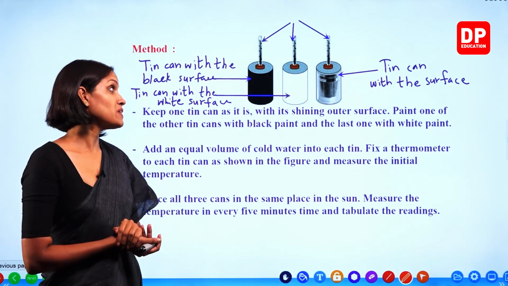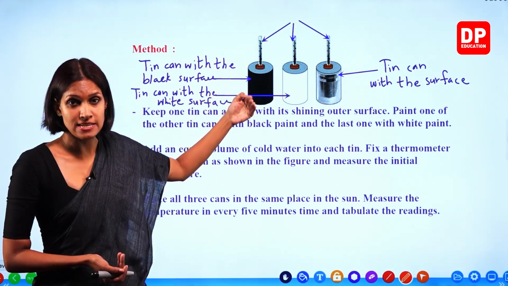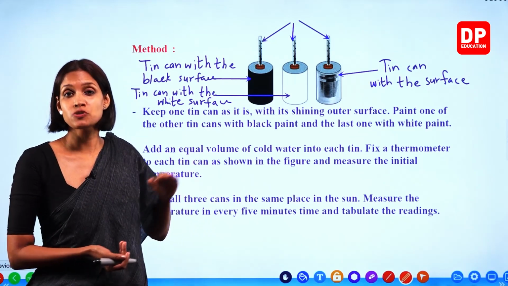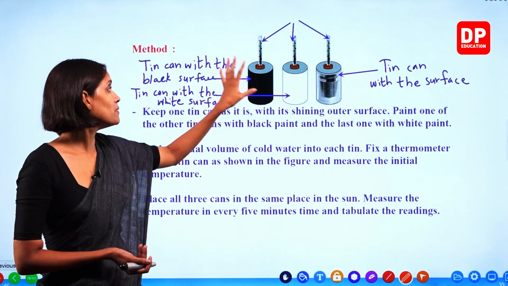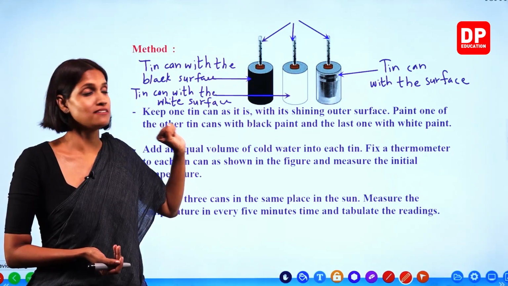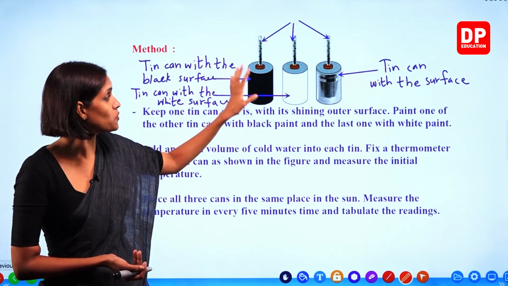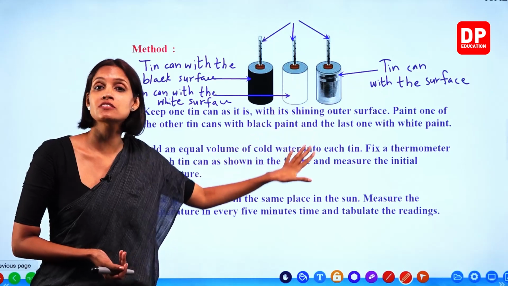So it was very clear. After 5 minutes and 10 minutes both, the water in the black color tin had the highest temperature. The temperature of the water in the tin with the shiny surface was the lowest.